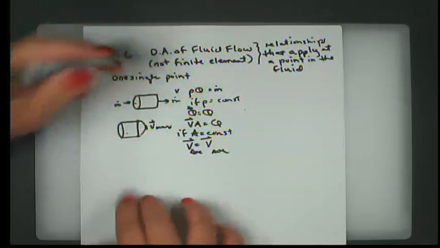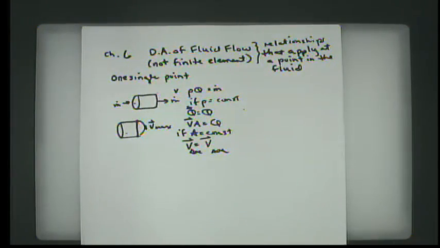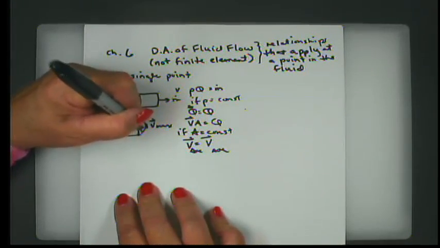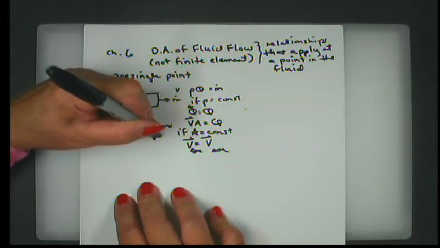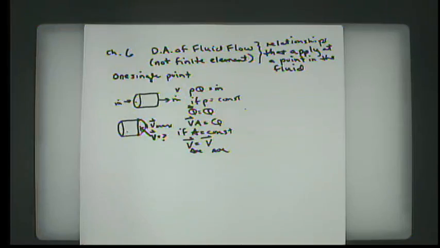Or you could even have swirls and eddies and things that are not really running perpendicular to the entrance or the exit of that pipe. So what is V right here, for example, at this particular particle? Well, we can't answer that question using finite element analysis. We can only answer that question if we look at a single point.